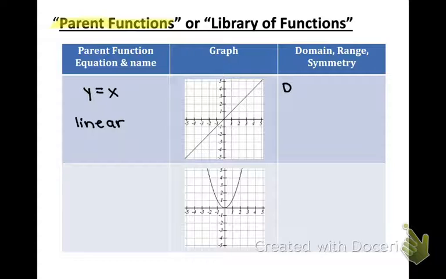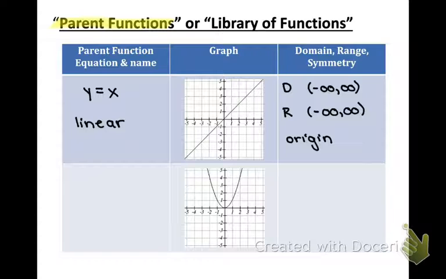Scanning that graph from left to right is negative infinity to infinity. Those are x values. Range is our y value. Scanning that graph from bottom to top, we are looking at negative infinity to infinity again. And this has symmetry to the origin. And I think for most of you, that basic linear function is going to be something that's familiar.